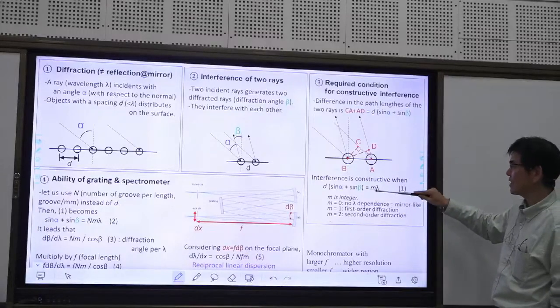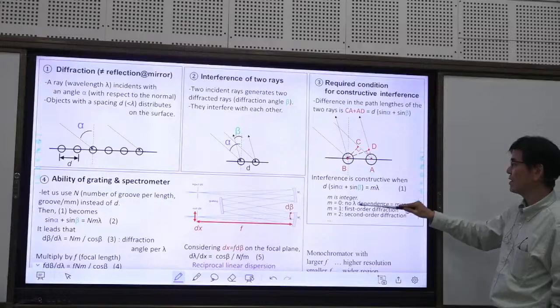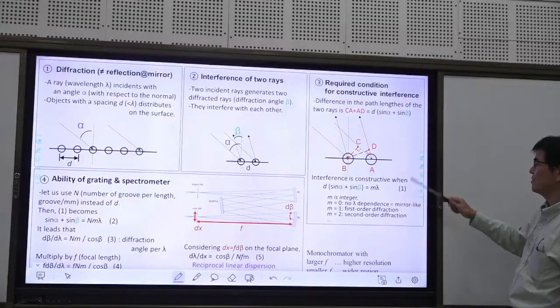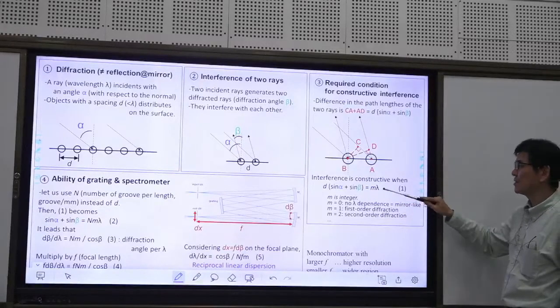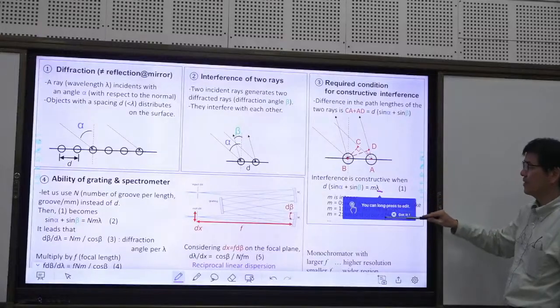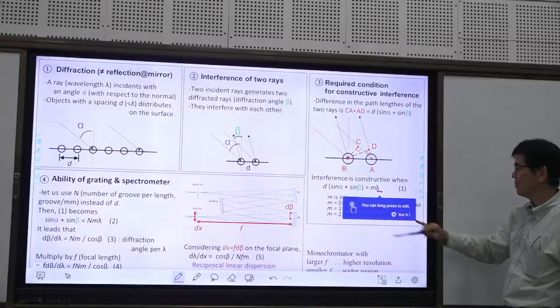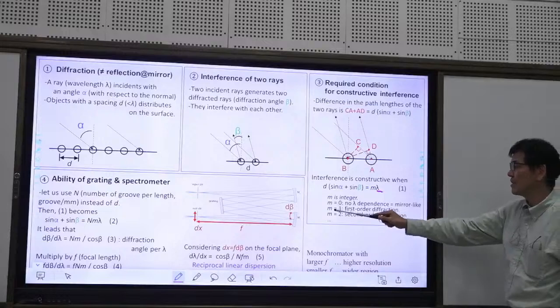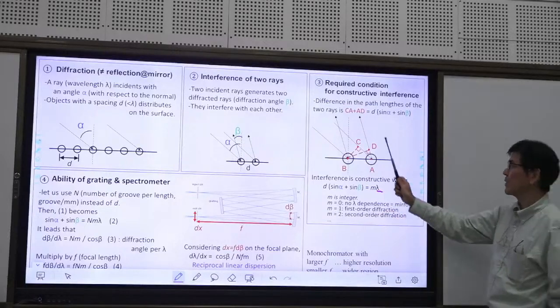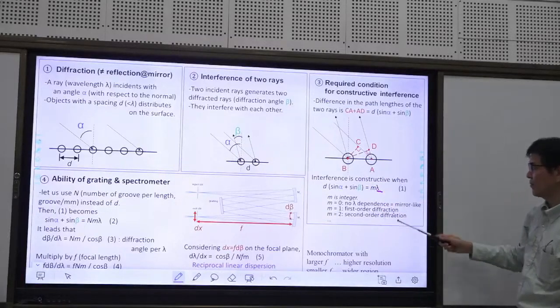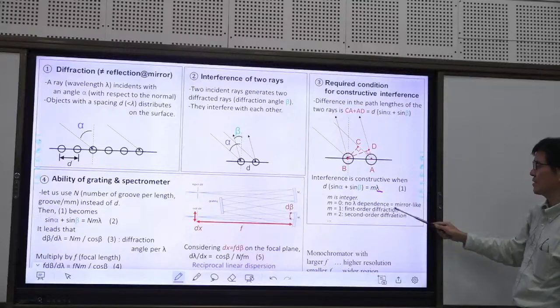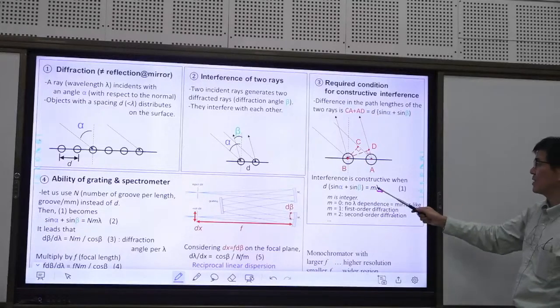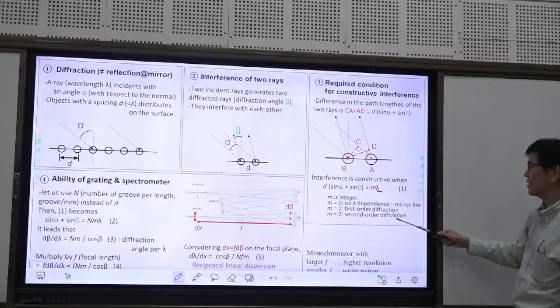If m is equal to 0, then it is a mirror-like reflection. There is no lambda dependence. If m is equal to 1, it propagates in a certain direction. This is so-called first-order diffraction. If m is equal to 2, this is second-order diffraction.